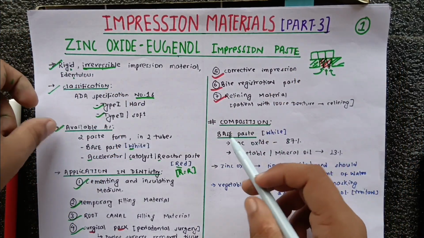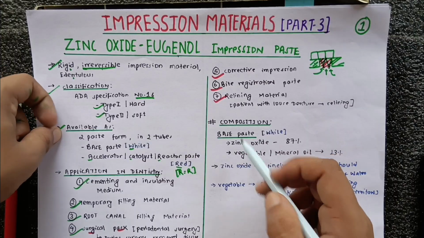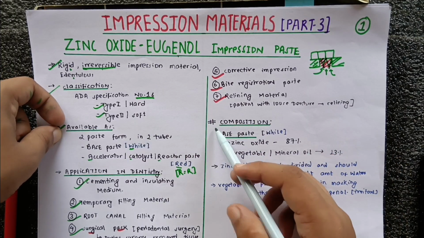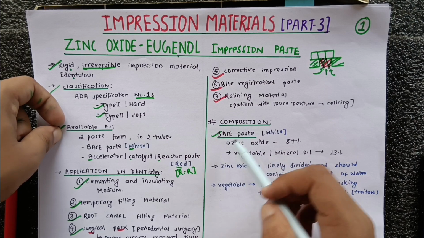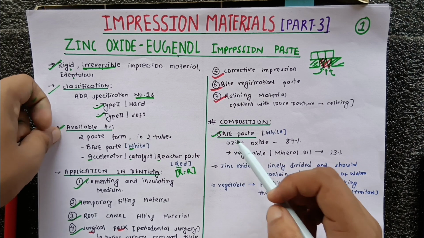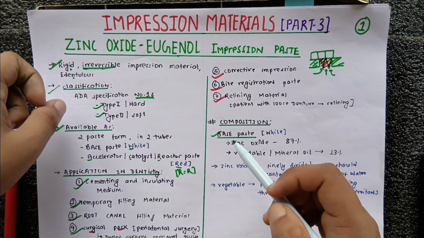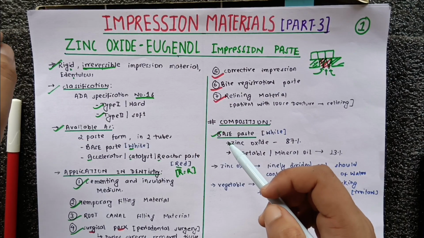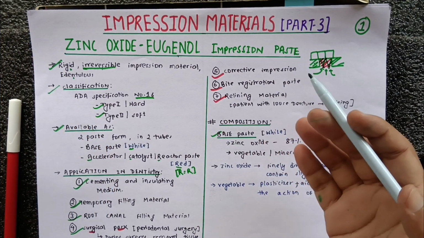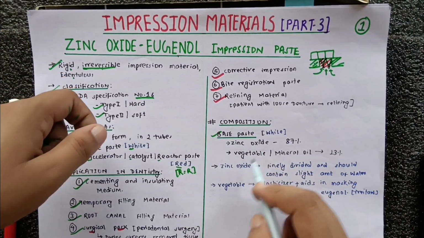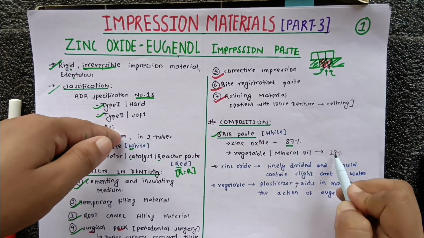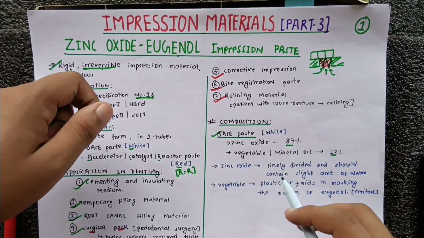After that, our another topic is the composition. This is also important, mostly in the theory exam. In the theory exam they ask you to write about the composition of the zinc oxide eugenol impression paste, and at that time you should write the constituents with their percentages.